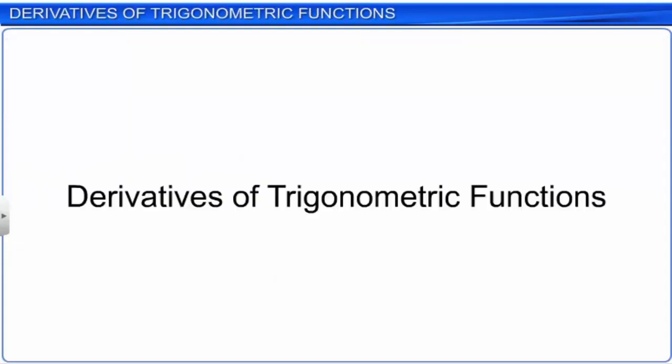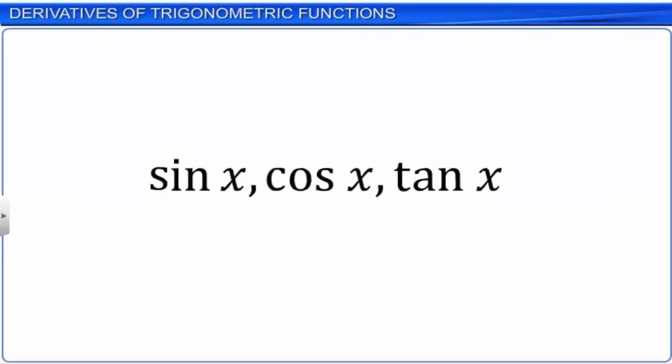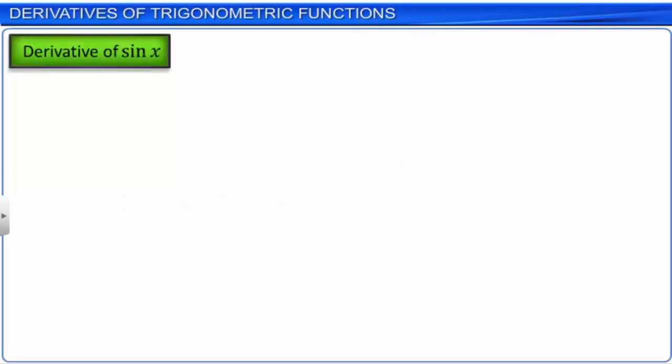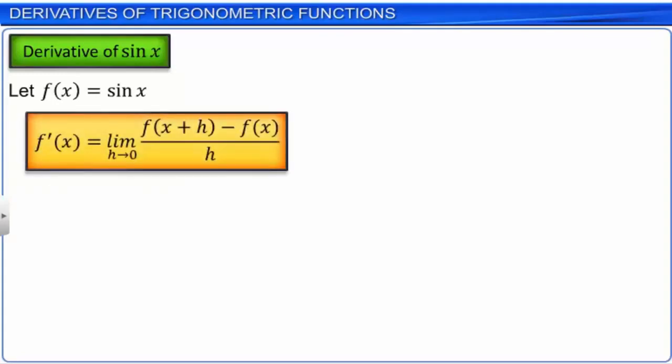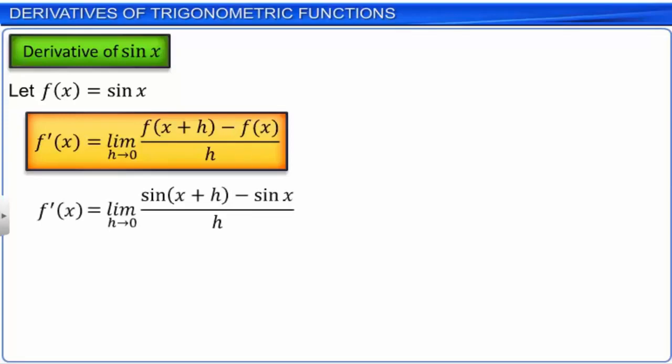The derivatives of trigonometric functions are unlike the derivatives of algebraic functions. Let's find the derivatives of some trigonometric functions using the first principle method. First, we will find the derivative of the function sin x. Let's apply the first principles method. The numerator takes the form as shown.